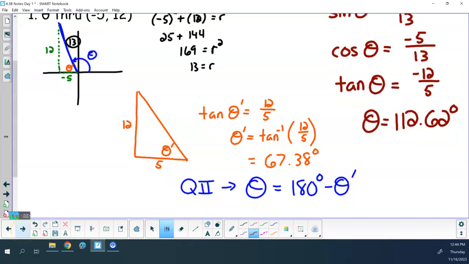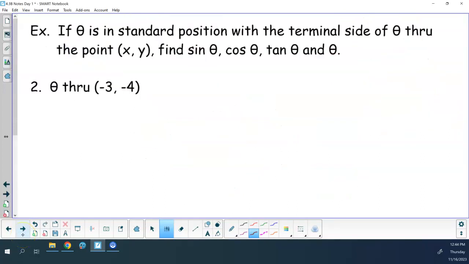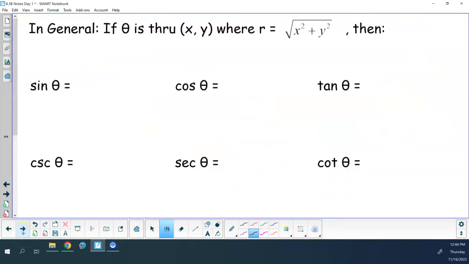So, before we do this one, I'll just jump right into the general case. In general, if theta is through a point, then r is going to be the square root of x squared plus y squared.